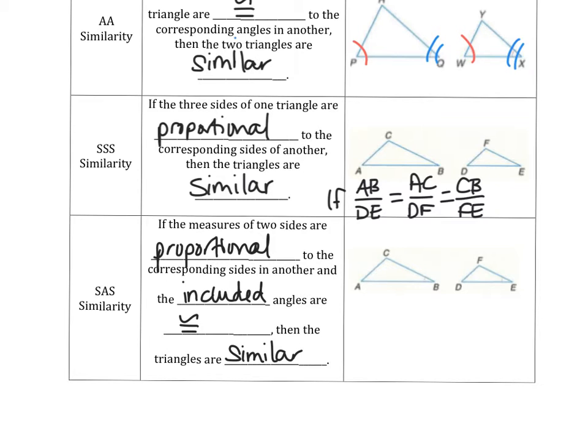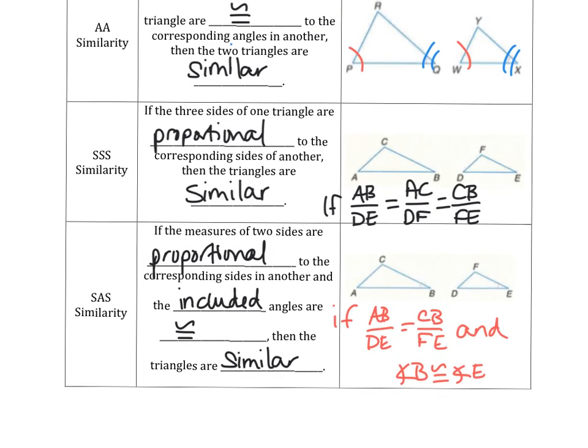So I'll write my statement down over here. If AB over DE is equal to CB over FE, and angle B is congruent to angle E, then you can say that your triangles are similar. Okay.